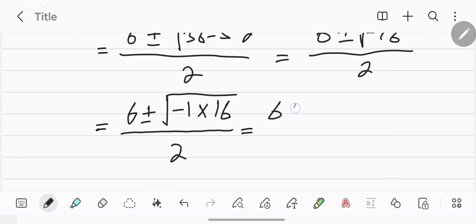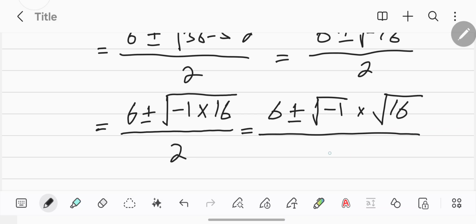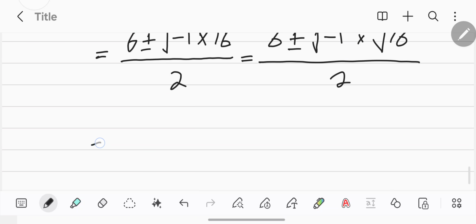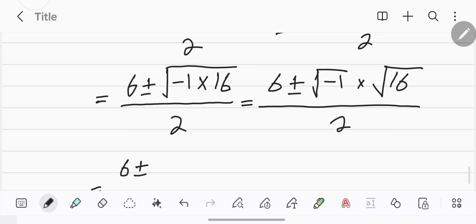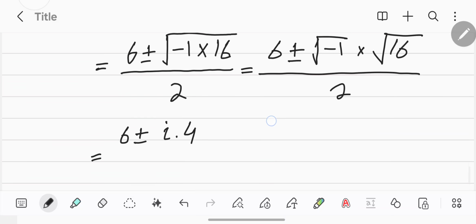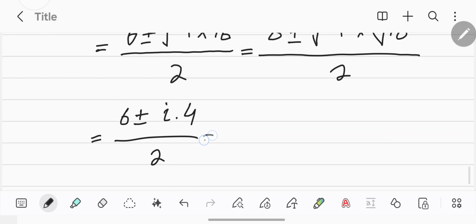You will get 6 plus minus the square root of negative 1 times 16. You can separate the square root of both. Here I will have 6 plus minus iota, because the square root of negative 1 is iota, and 4, because the square root of 16 is 4, over 2. So you have 6 plus minus 4 iota over 2.